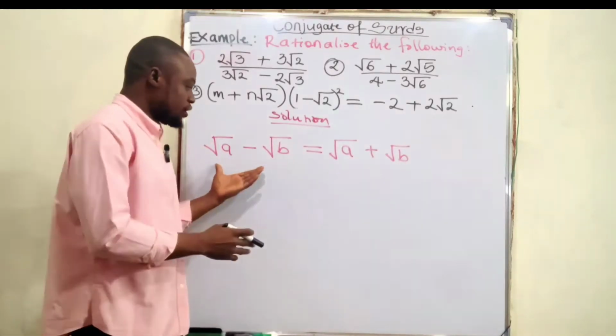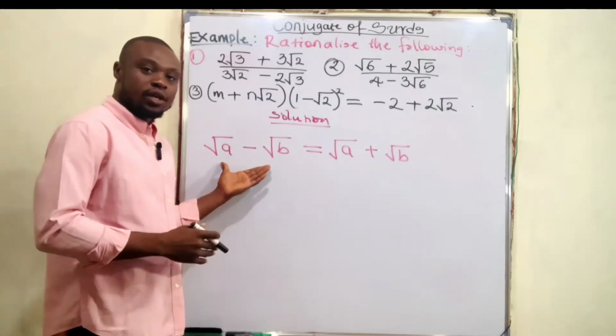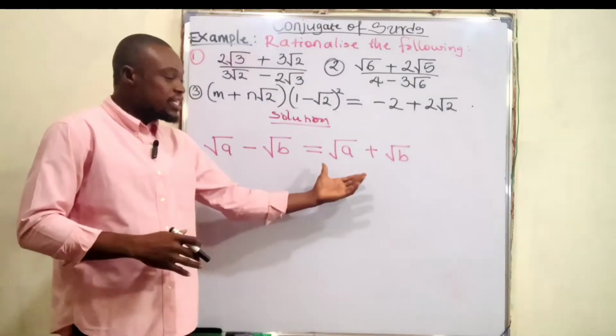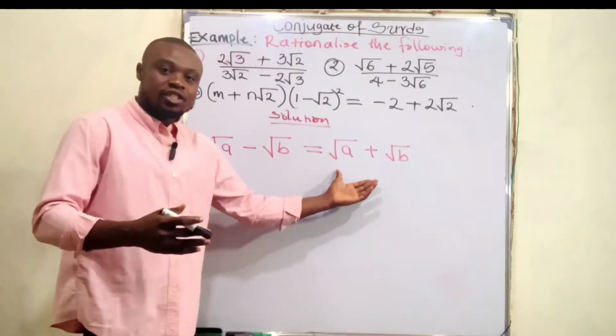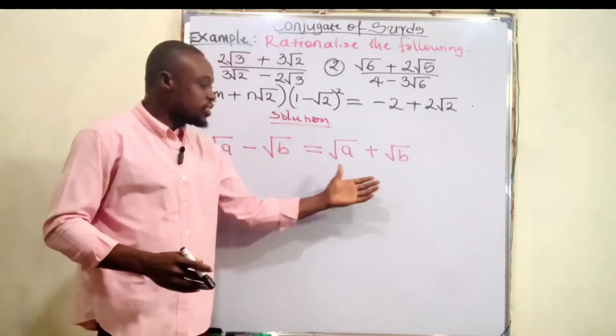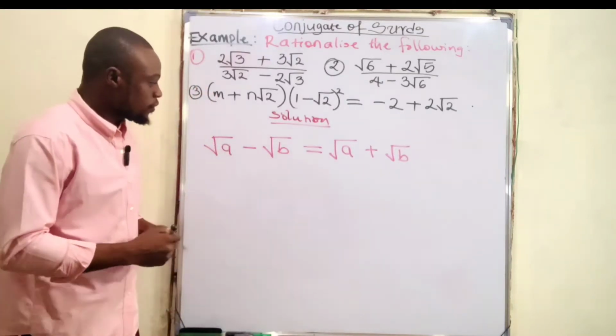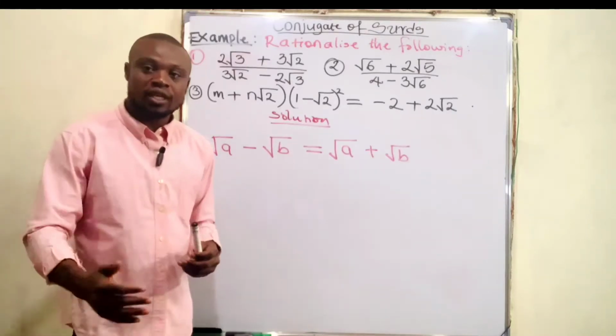You have the surd given to you with a negative sign, and the conjugate is the same surd, but the sign changes to a positive sign. So this is the conjugate of this surd.